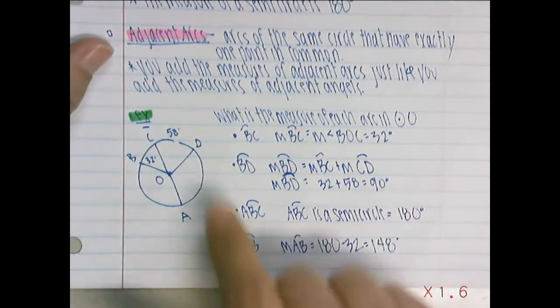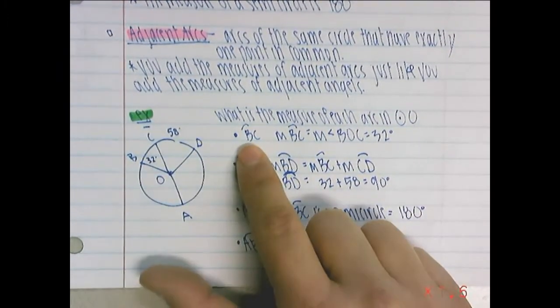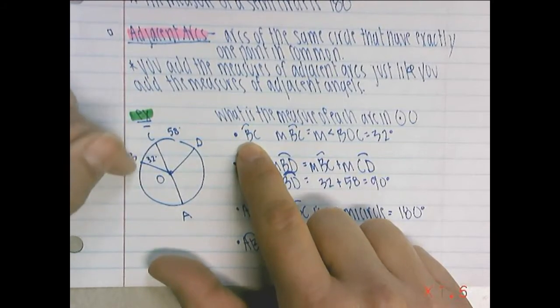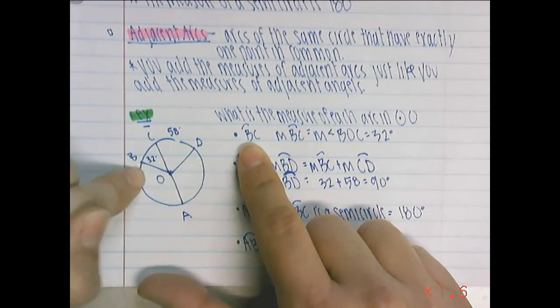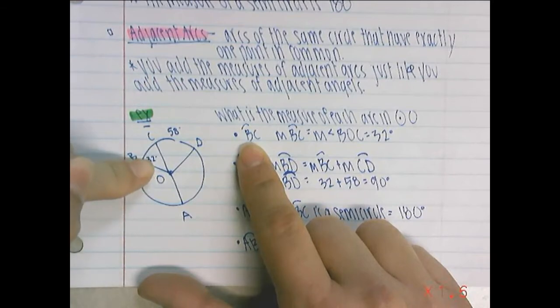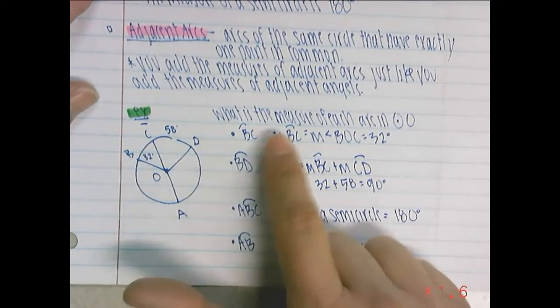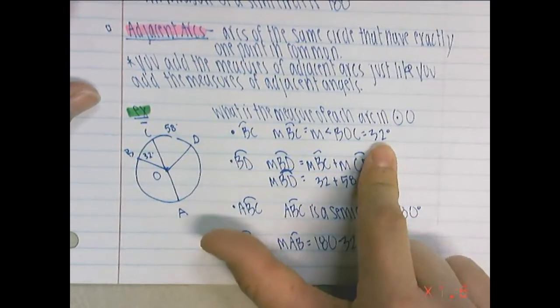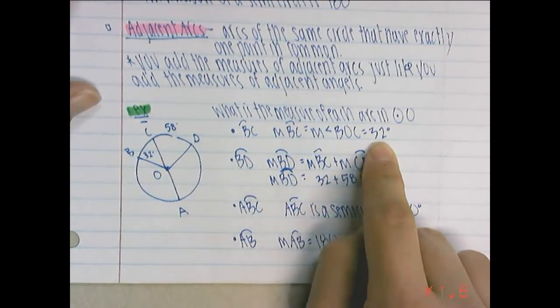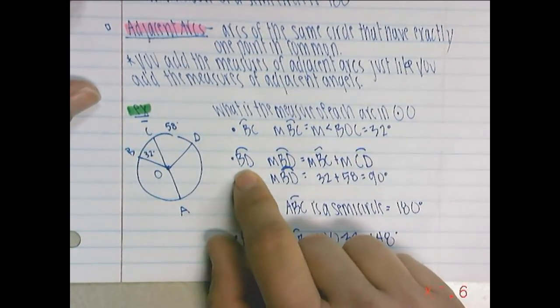Well, here is circle O. And the first thing we want to do is find arc BC. Well, I know that the measure of angle BOC is 32 degrees, right? 32 degrees. So I know that the measure of arc BC is also 32 degrees. And then I want to find BD.